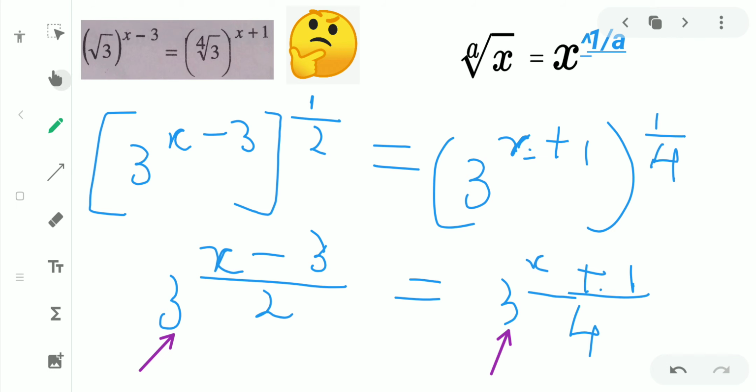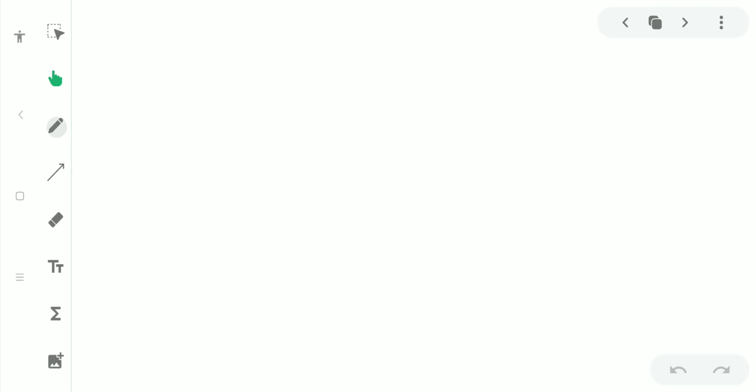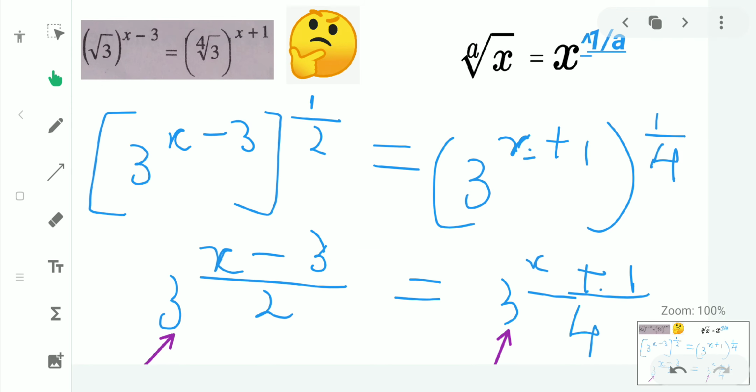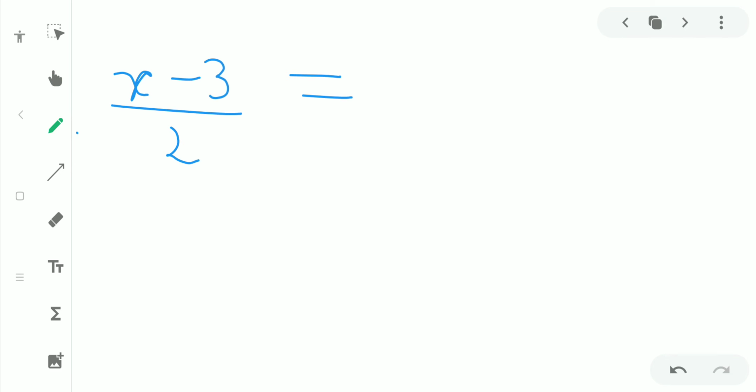So here powers are x minus 3 by 2, which is equal to x plus 1 divided by 4.